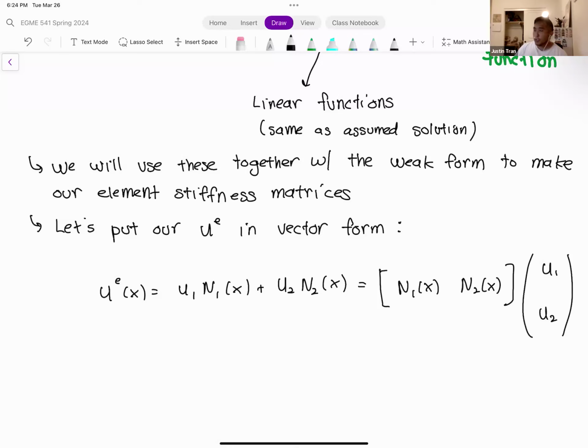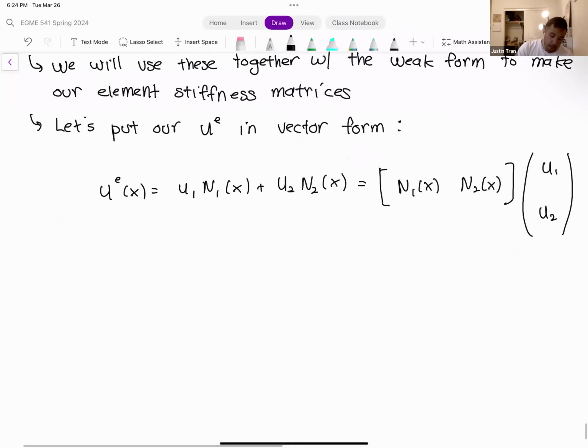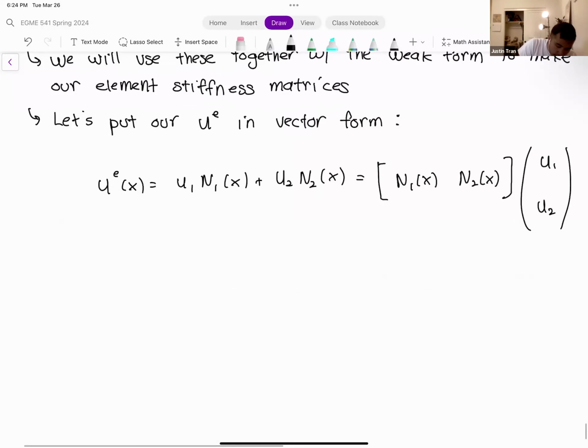Another thing we can do, because it's going to be relevant pretty soon, is take derivatives of this with respect to x. Say we take du/dx. The good news about this form is that U1 and U2 are simply constants in this expression. They're just the solutions at the nodes. So any derivatives we take are put on the shape functions.